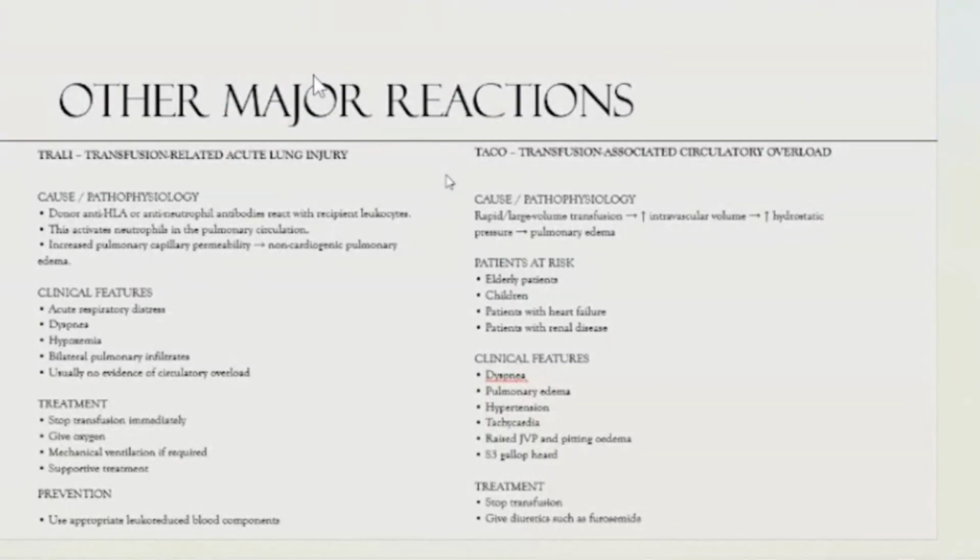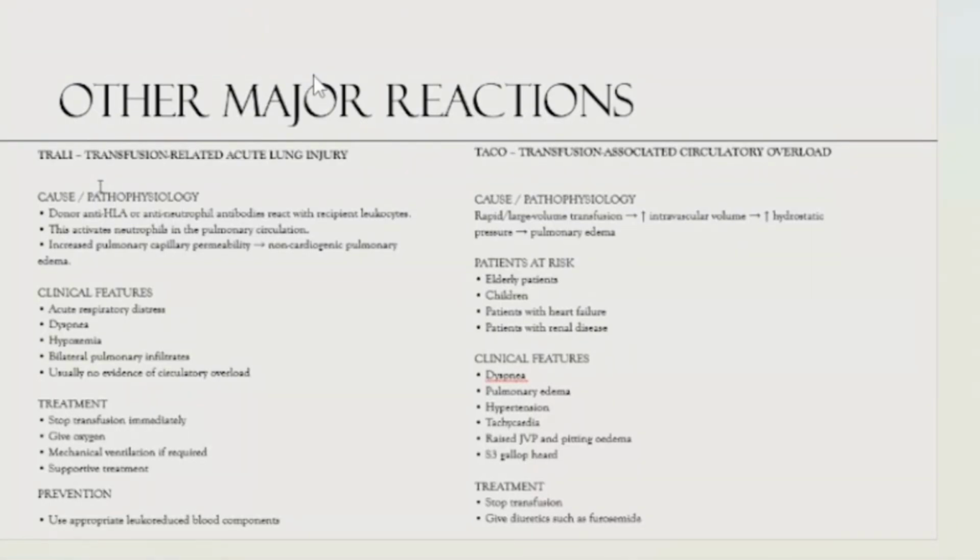Then the other major reaction, the one that the doctor talked about, the transfusion-related acute lung injury. What I was able to gather from this is still very short. I think we should definitely go and read about this more. But the understanding I got for TRALI, or transfusion-related acute lung injury, was that usually the donor has it.